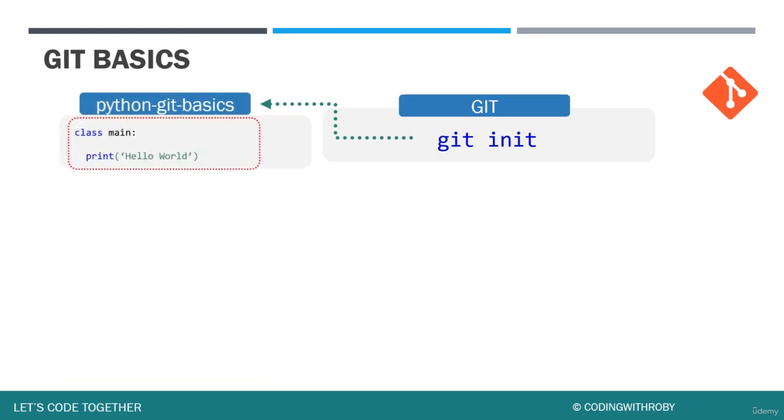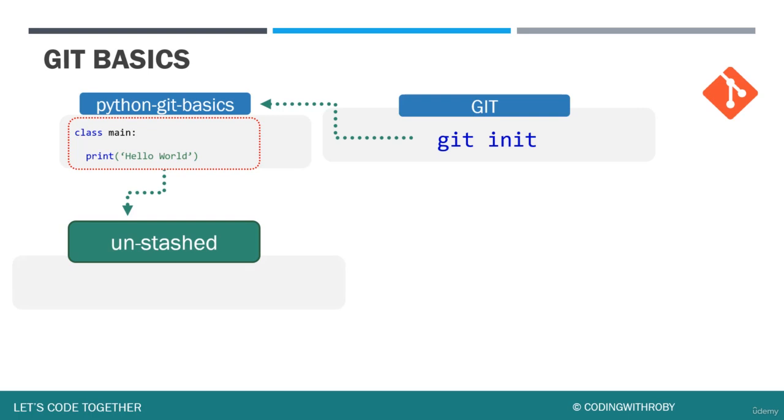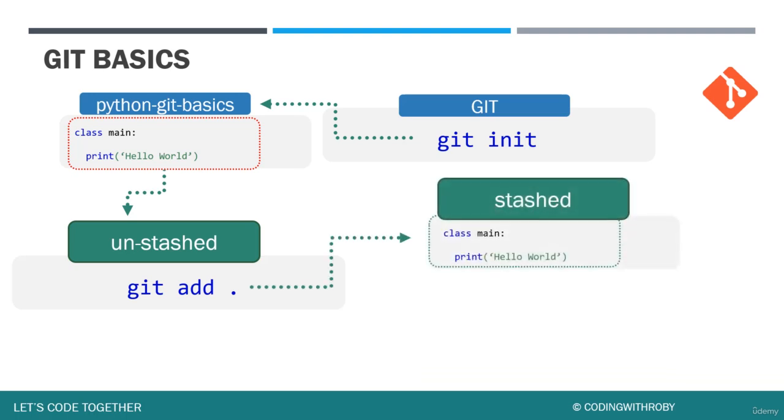Within our Python Git Basics, we will create a new Python file called main.py, which is able to print hello world. After we add the main.py file and the print code statement, Git will see our file as an unstaged file and code. To stage our code, we need to type in the command of git add dot. This command will stage everything we currently have in the directory.